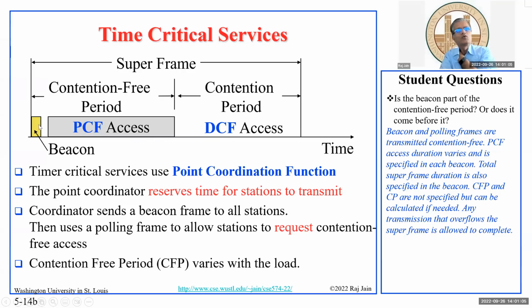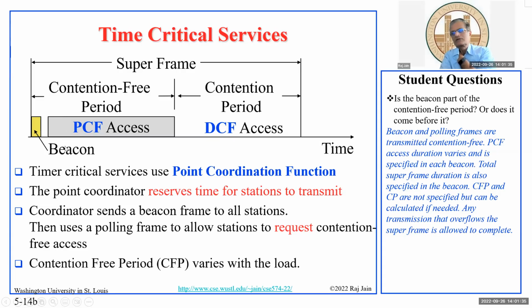Everybody knows when they can do what, right? So there is no beginning and end. We don't say, okay, for the next 10 seconds is contention-free. No. Everybody just knows that they can transmit for this time and this time and this time, whatever time, that is contention-free. And all we do is give out the superframe duration. So we say every 10 milliseconds I will send a superframe. And then Mr. 1, you can transmit up to this time here for PCF.